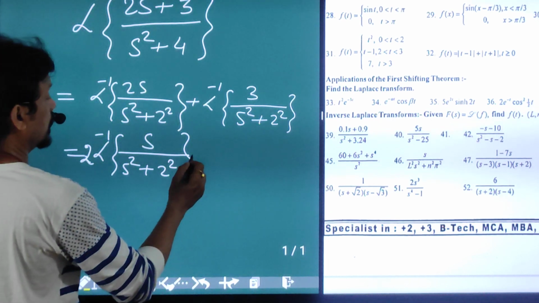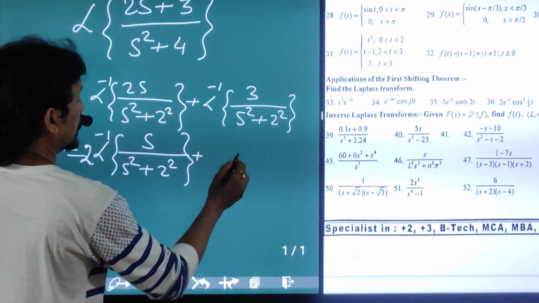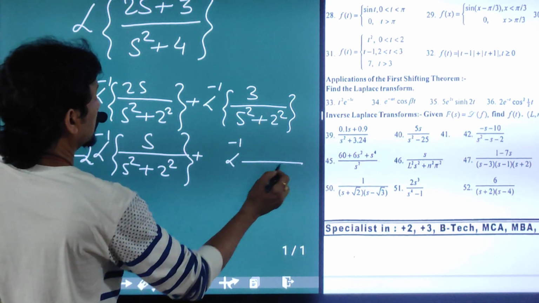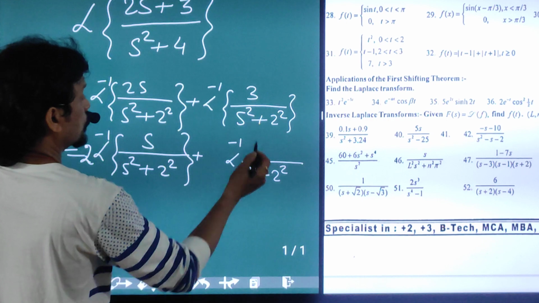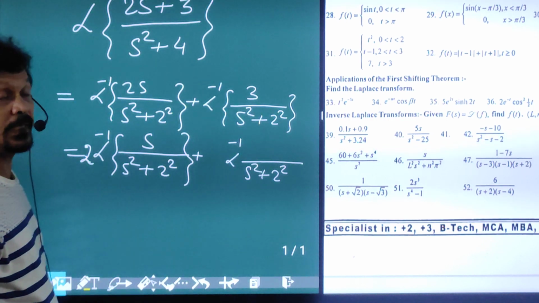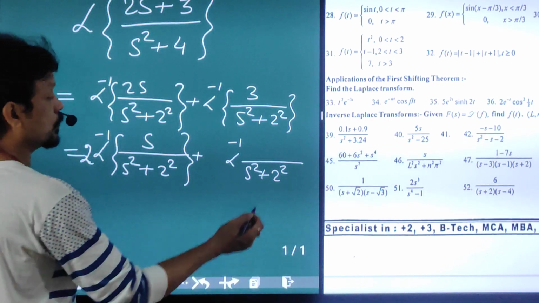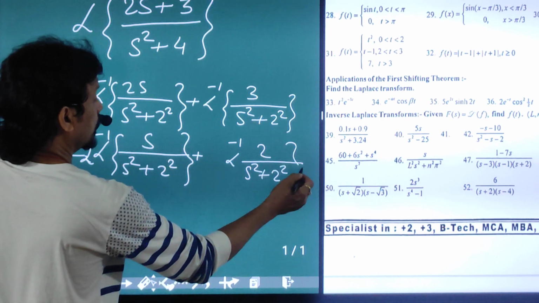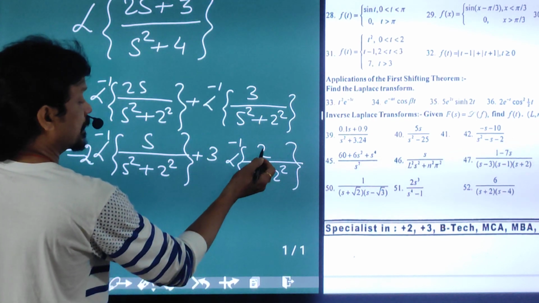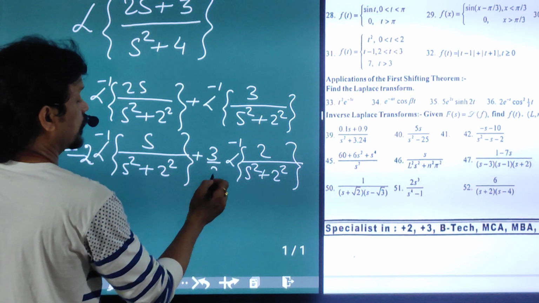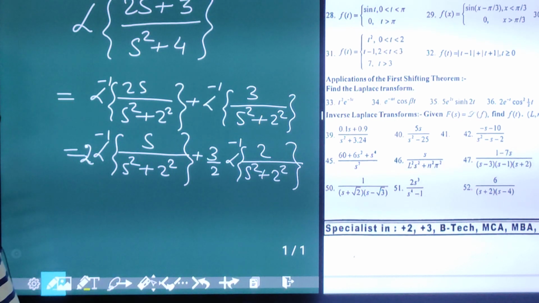Okay, now here, Laplace inverse of 3 by s square plus 2 square. There is no s in the numerator, so you should write 2. Now take the 3 outside, and since I multiplied by 2, I have to divide by 2.